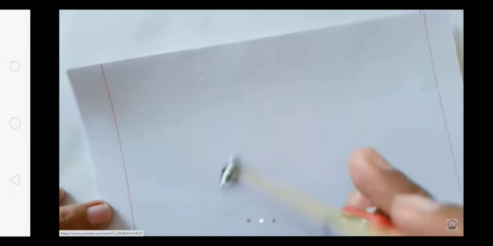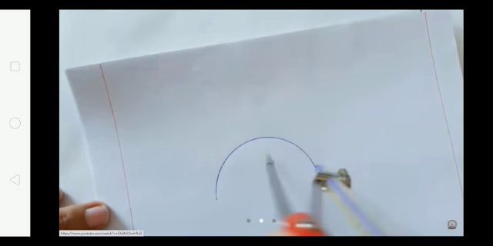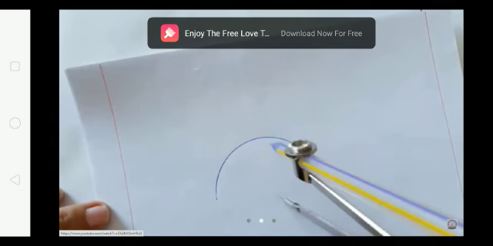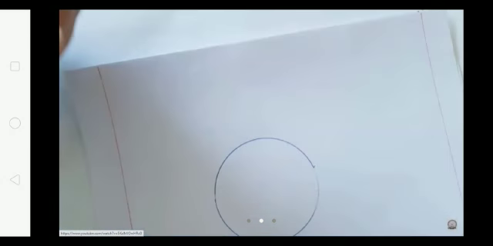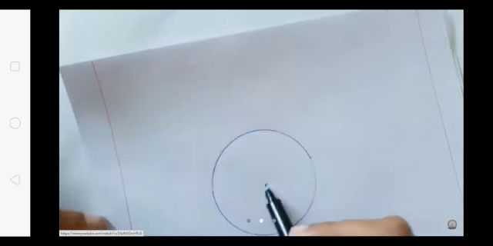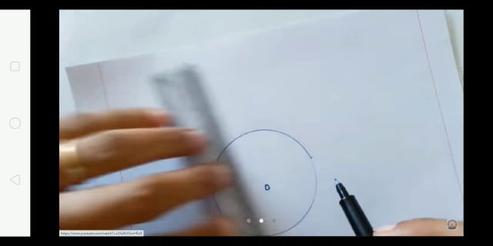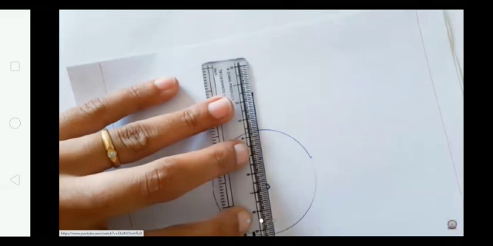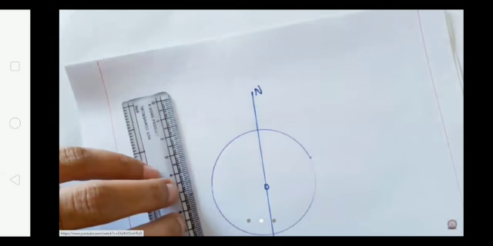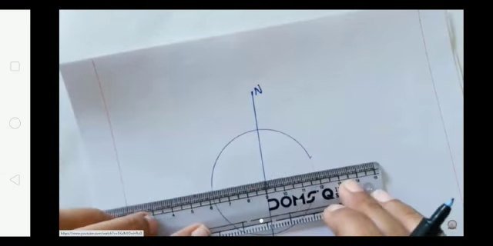To solve that, you have to draw a circle of a convenient radius. You can take 2 centimeter, 2.5 centimeter, or 3 centimeter. Then draw north, south and east, west directions.